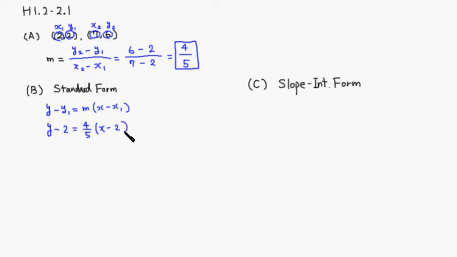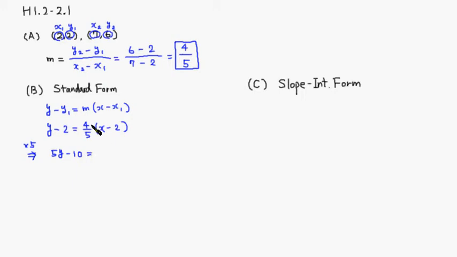This is a perfectly good equation, but in point-slope form, so we have to rewrite it into standard form. This first step is not necessary, but I would like to do it since I don't like fractions. I'm going to multiply through by 5, since the denominator is 5. That way we have y times 5 is 5y, minus 2 times 5 is minus 10.